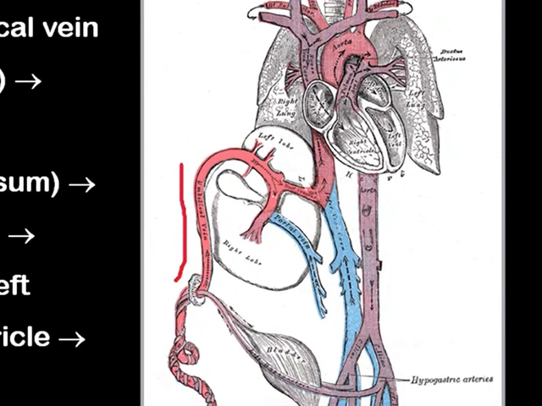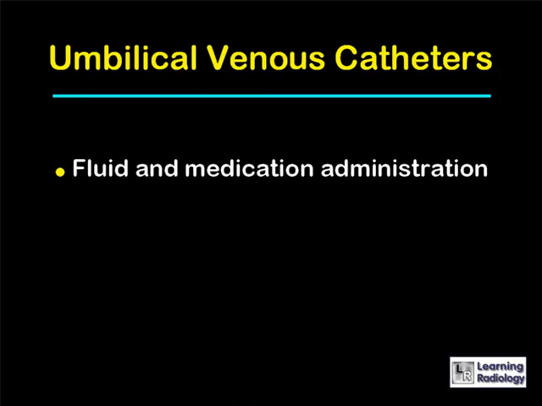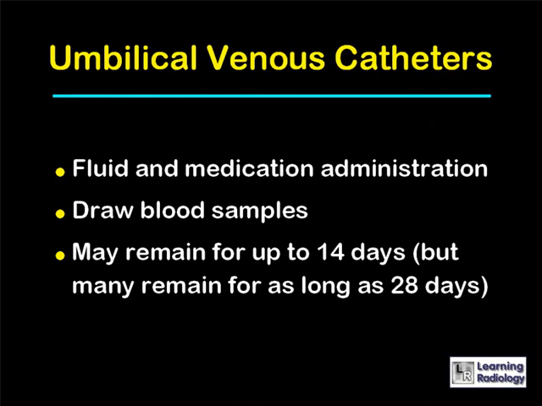Then blood enters the ductus venosus, the inferior vena cava, the right atrium, crosses the patent foramen ovale into the left atrium, into the left ventricle, into the systemic circulation via the aorta, and then back to the placenta via the umbilical arteries.